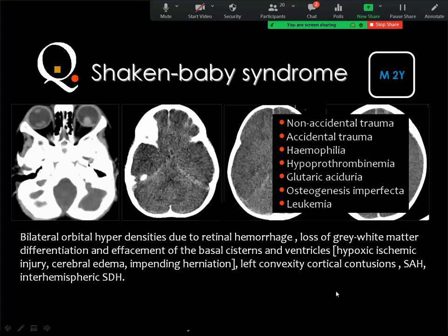Then sometimes you got dislocation of the lens, and you got some intraocular hemorrhage, brain edema, brain contusions, and also some extra axial hemorrhages if the child is shaken vigorously.